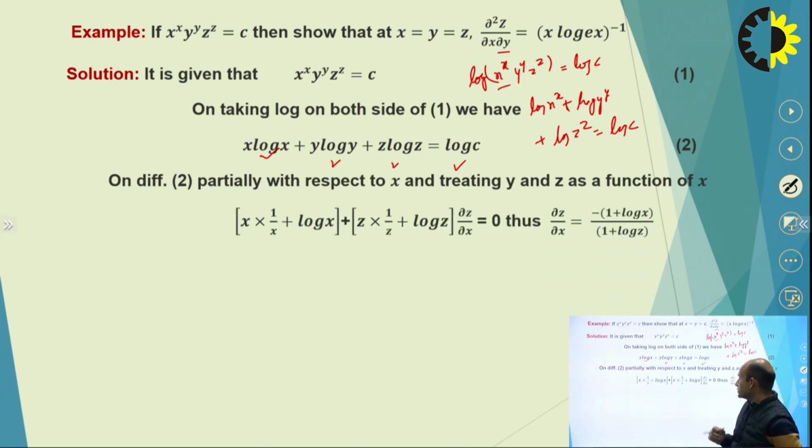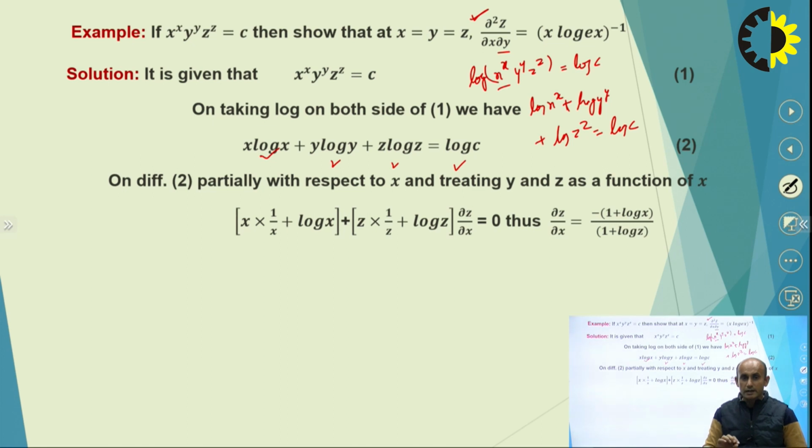So if we differentiate this function with respect to x, we see from this relation, since we have del 2z upon del x del y, that z is a function of the independent variables x and y. Z is a function of x and y. It means x and y are independent variables here. It means if we differentiate x with respect to y, then we get 0.